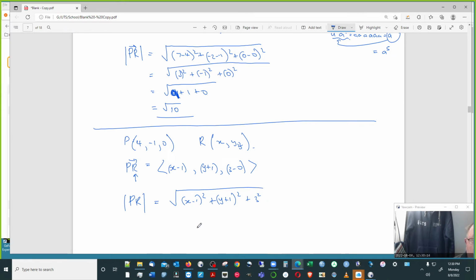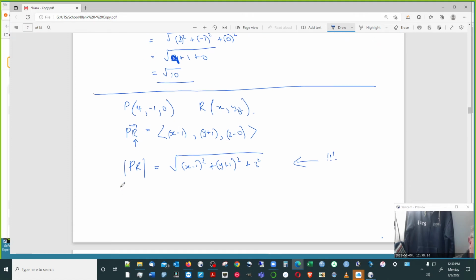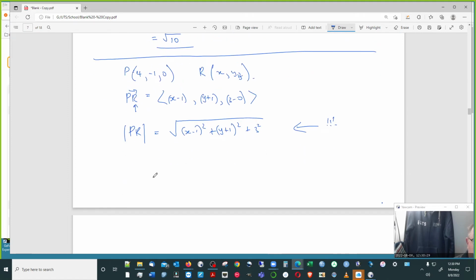Alright. The next thing then, so this seems like a strange form to have, right? But what happens if we square both sides? What happens if we square both sides?